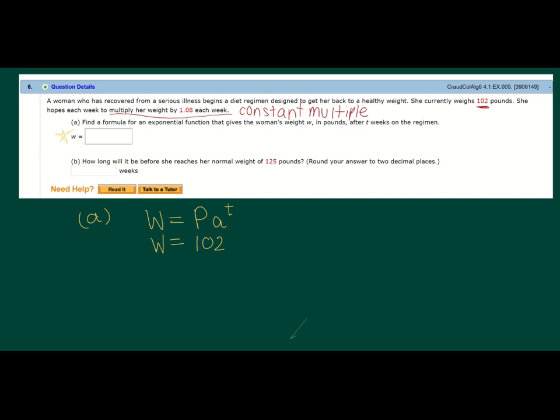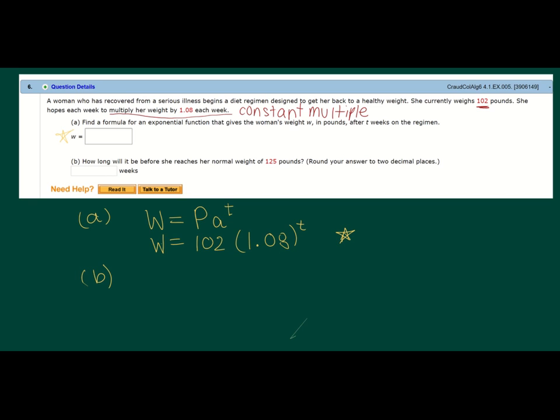That's my P value. The constant multiple from the last sentence, the constant multiple that we're hoping to raise our weight by every week, is 1.08, and that just pops directly into the function, right? So for part A, with my numbers, this is the formula that I'll be using.